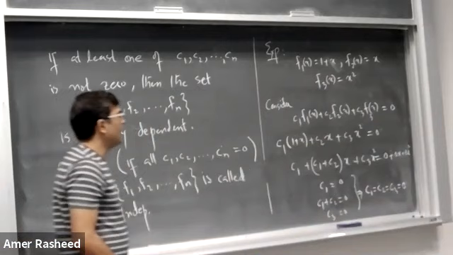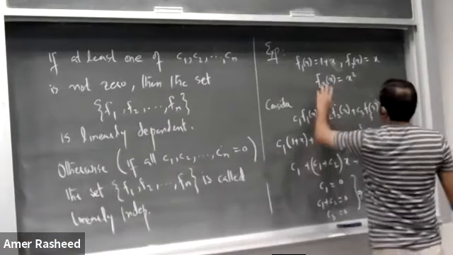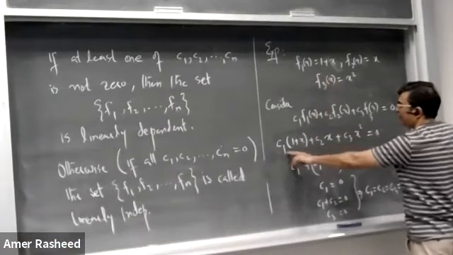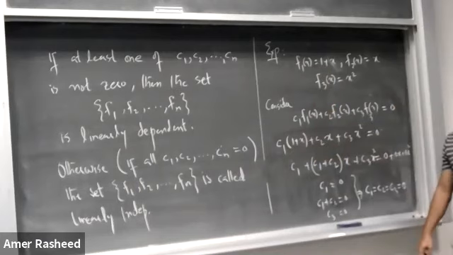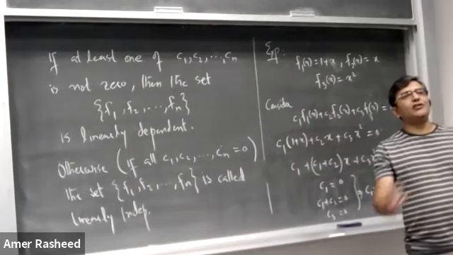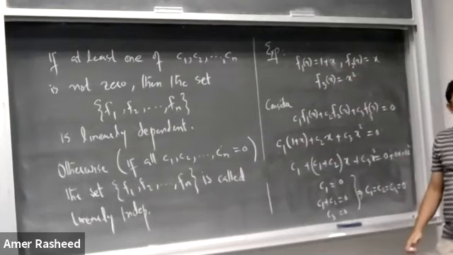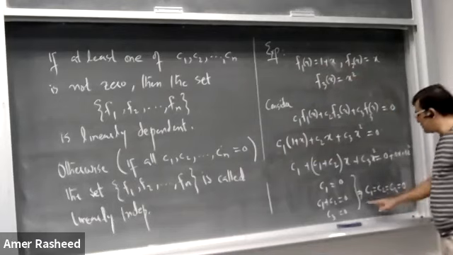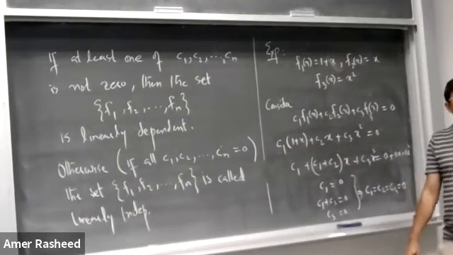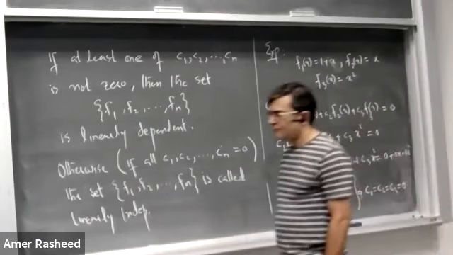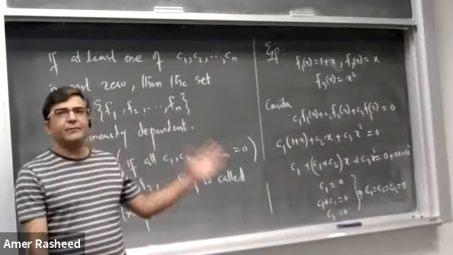So we are unable to find any non-zero values. All values must be 0. So these three functions are linearly independent because all the constants are identically 0 for any value of x. Therefore, this set is linearly independent.